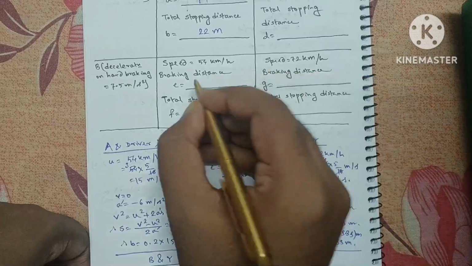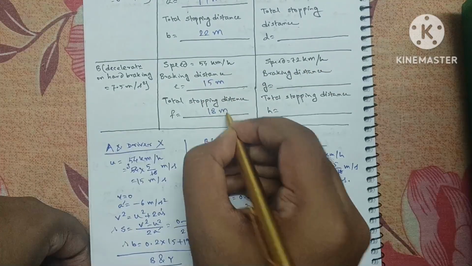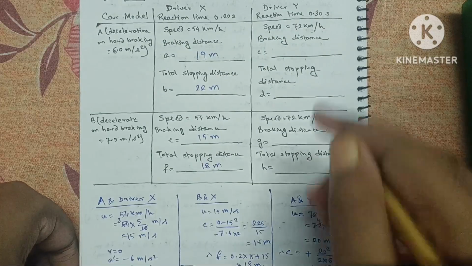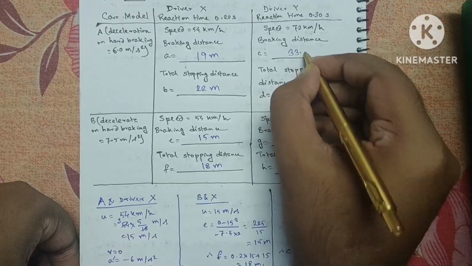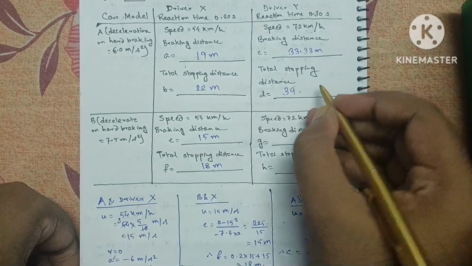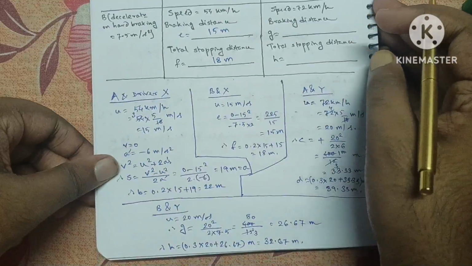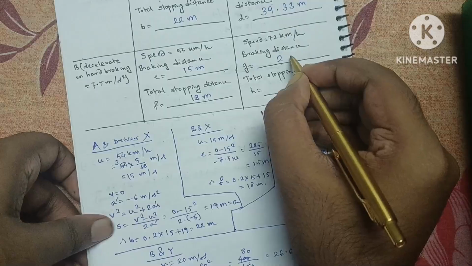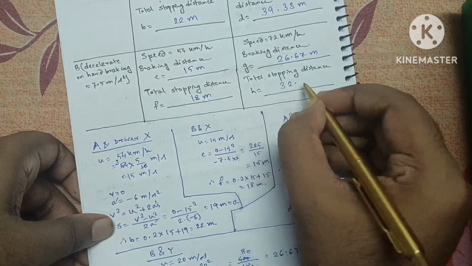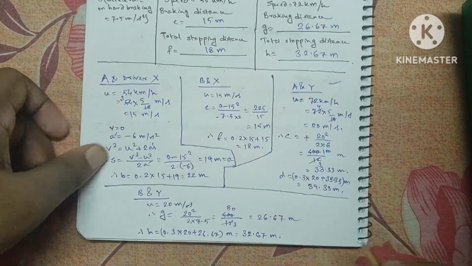E is equal to 15 meter, F is equal to 18 meter, C is equal to 33.33 meter, D is equal to 39.33 meter, G is equal to 26.67 meter, and H is equal to 32.67 meter. So that's all for today, guys.